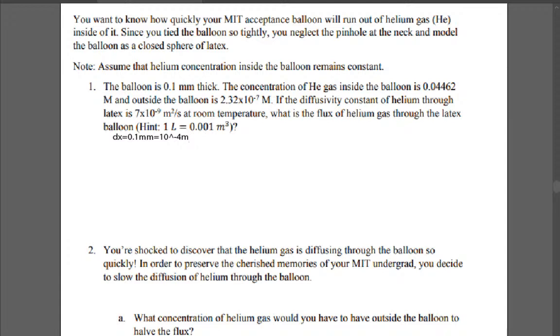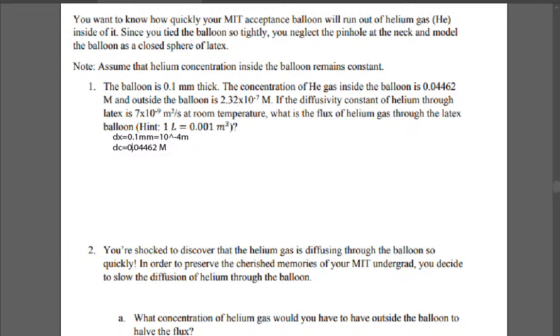I would just neglect the outside concentration because of the very small number. That's 0.04462 molars. Pretty accurate, because it is a very small number, which shouldn't really affect a lot.